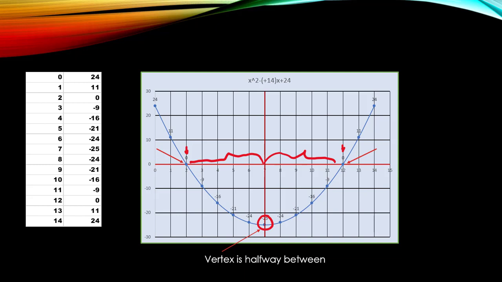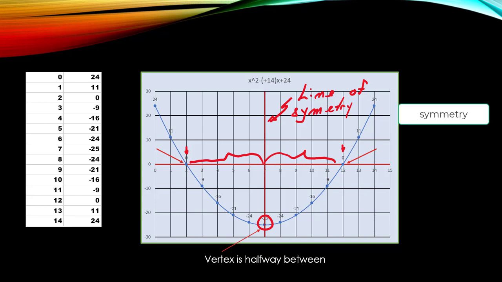Now, I just introduced a new word. This is called the line of symmetry, because the graph is symmetric left and right about that line.